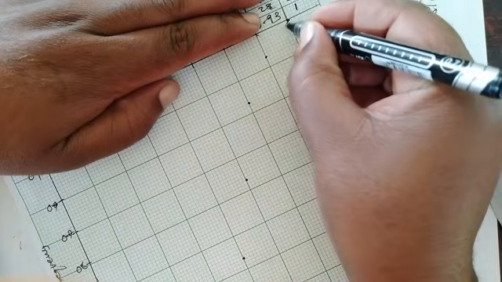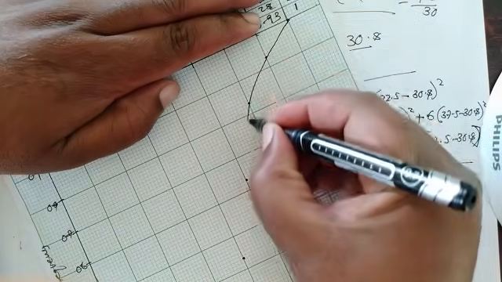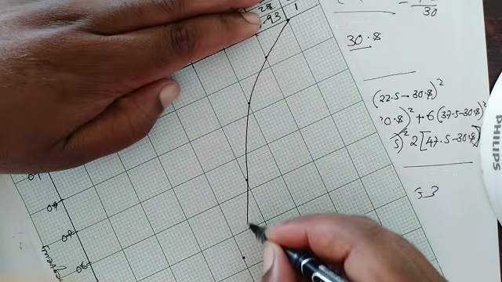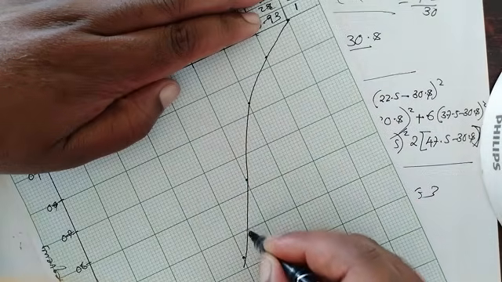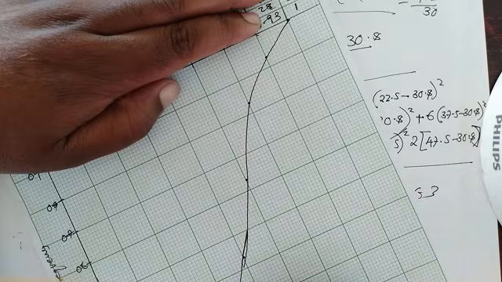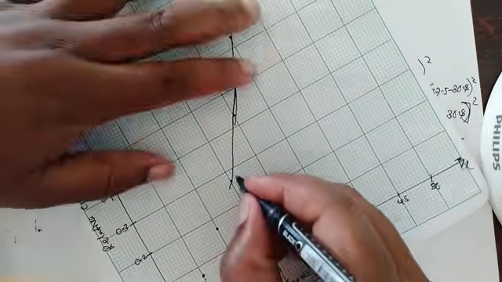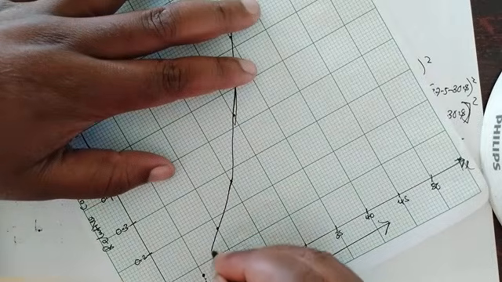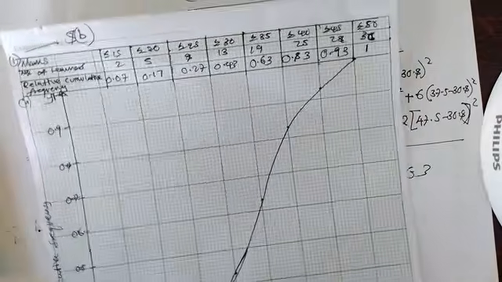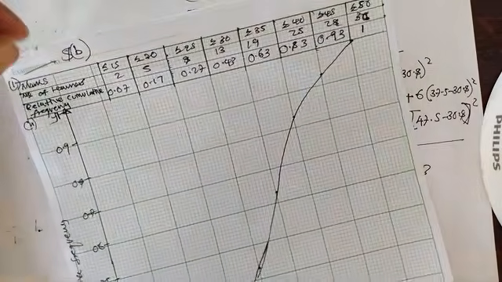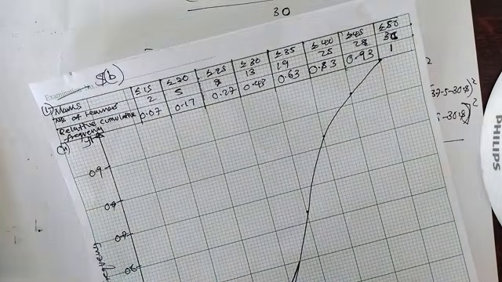Okay, so we are supposed to draw something like that. Oh yeah, we've missed it. Okay, so all the way up to here. Alright, this is something that we are supposed to draw, and this is what we are supposed to do.